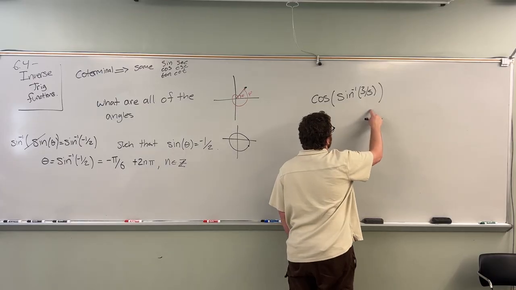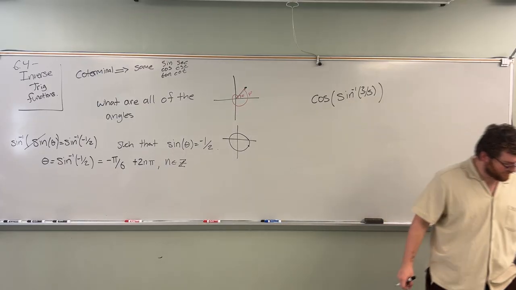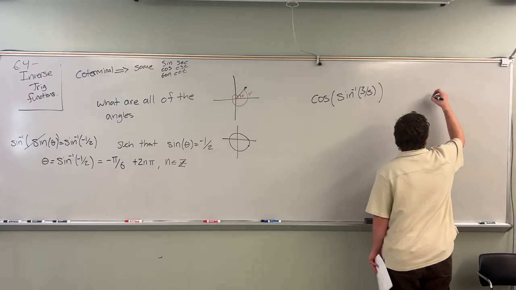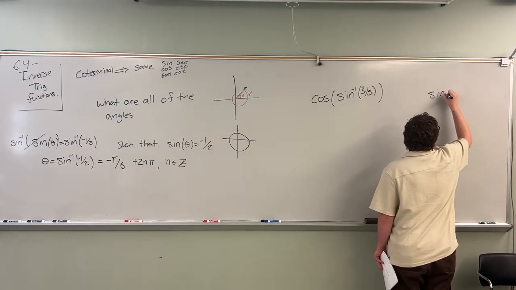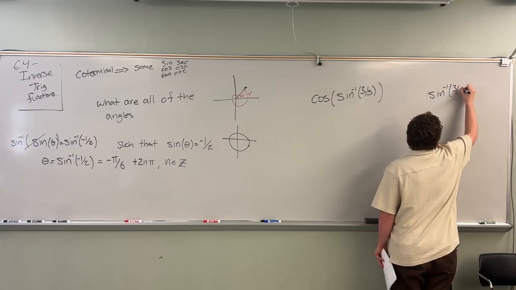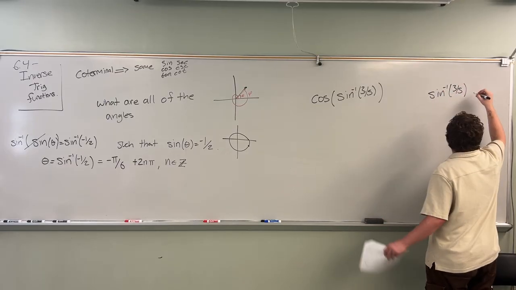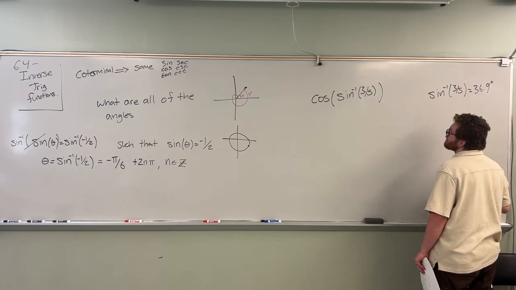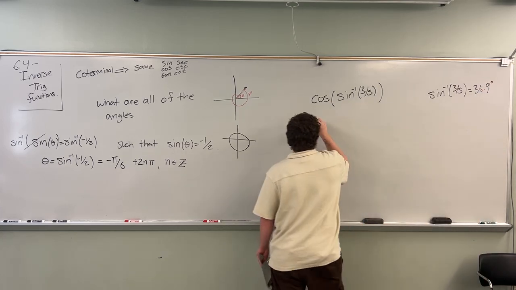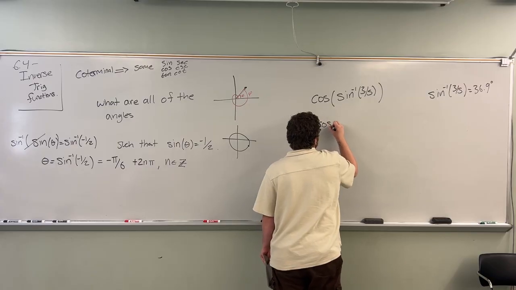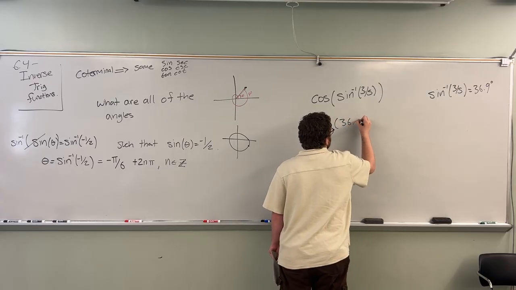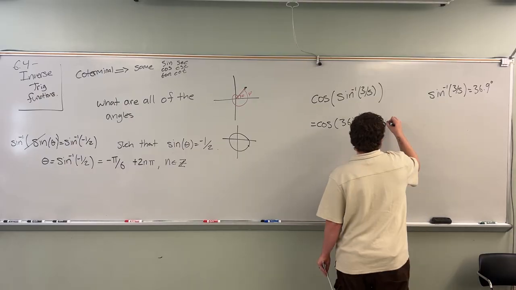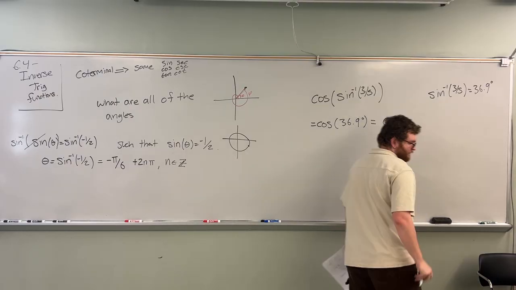I would just find out what the inverse sine of 3/5 is, which I have written right here. Inverse sine of 3/5, and I'm going to do this in degrees because y'all are a little more comfortable with degrees. 36.9 degrees. Cool. So then I just plug that in. Evaluating that in my calculator, I get a value of 0.8.